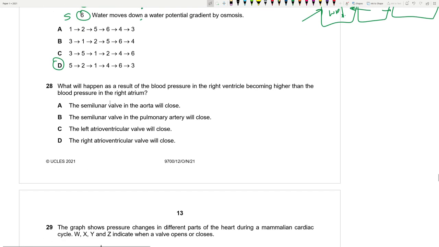28. What will happen as a result of the blood pressure in the right ventricle becoming higher than the blood pressure in the right atrium? Okay, so when blood enters the right ventricle from the right atrium and pressure increases, the valve between the two regions, right?